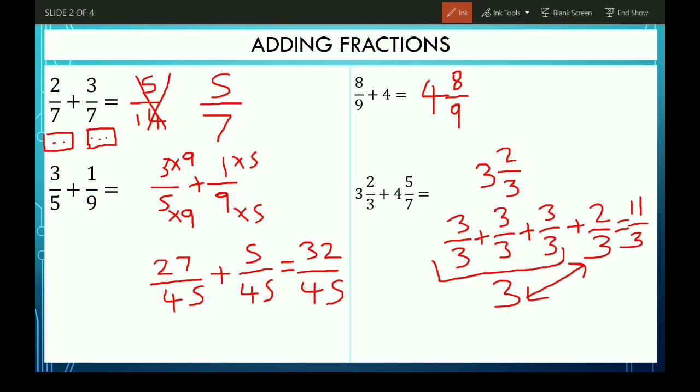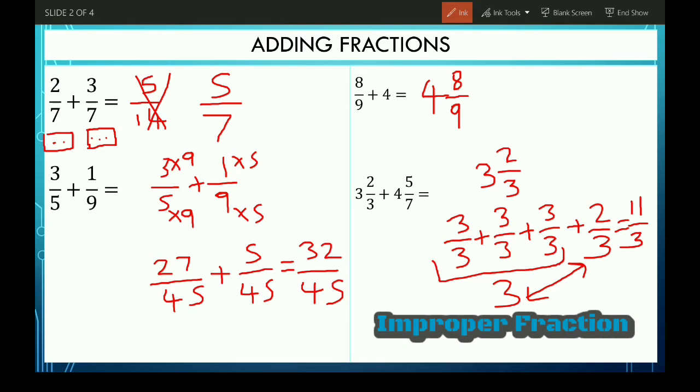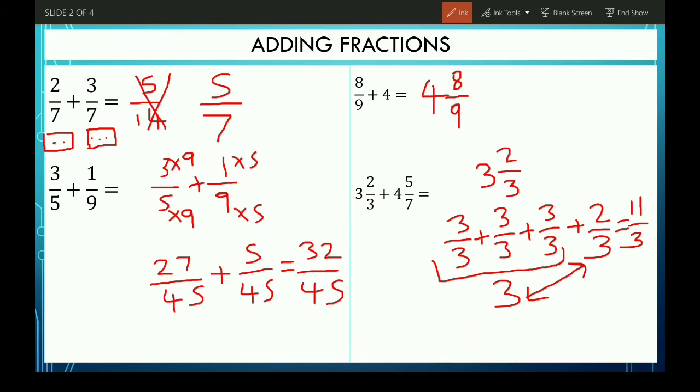And that's what the mixed fraction looks like when you convert it into a top-heavy or an improper fraction, where the numerator is bigger than the denominator. Now this is going to be an important part of this question.